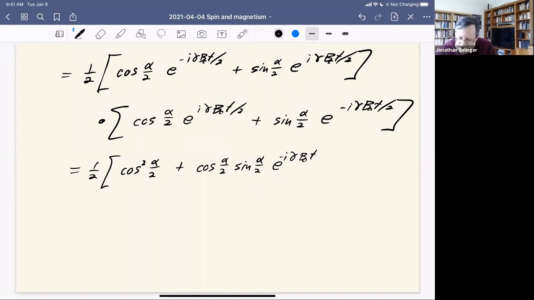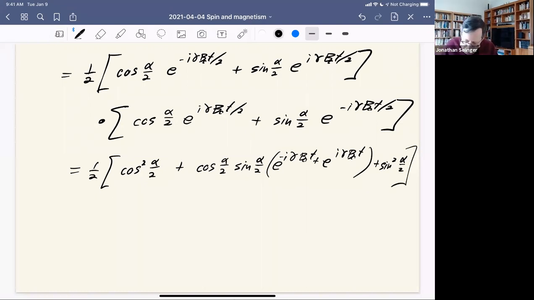And then the second times the first. So it's again cosine times sine, and then it's all this stuff with e to the i gamma B naught t. And then the second times the second, so plus sine squared alpha over 2.